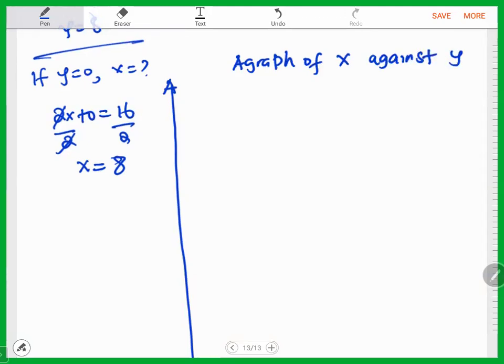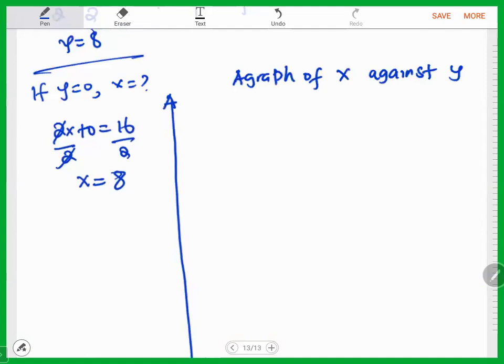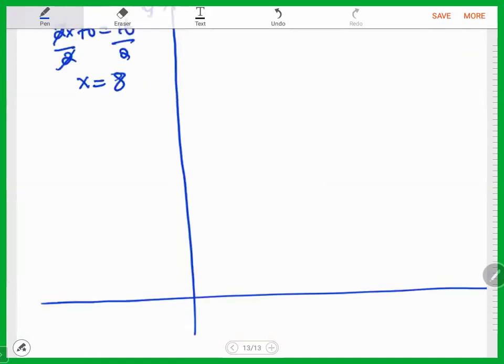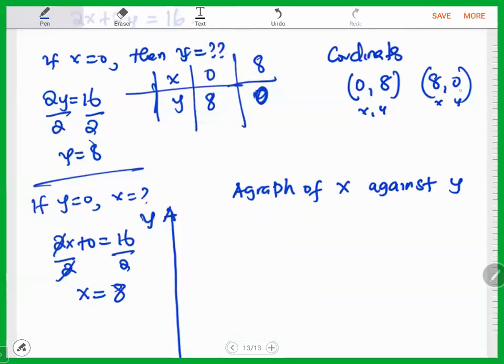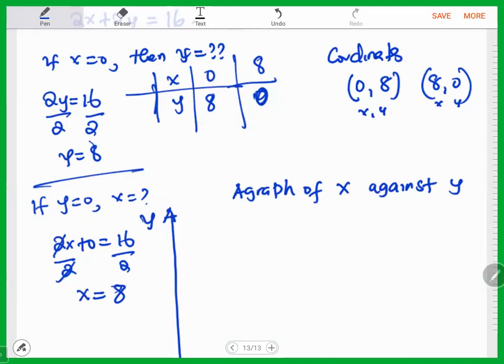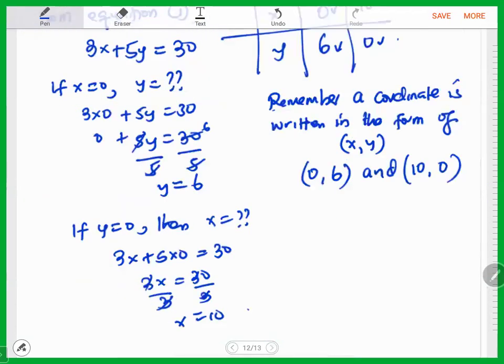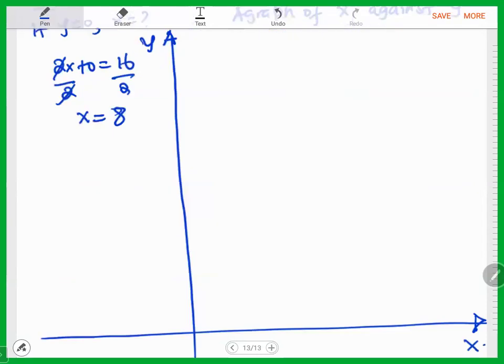So this is y, this is x. According to our points, the biggest value of x is 10, and the biggest value of y is 8.